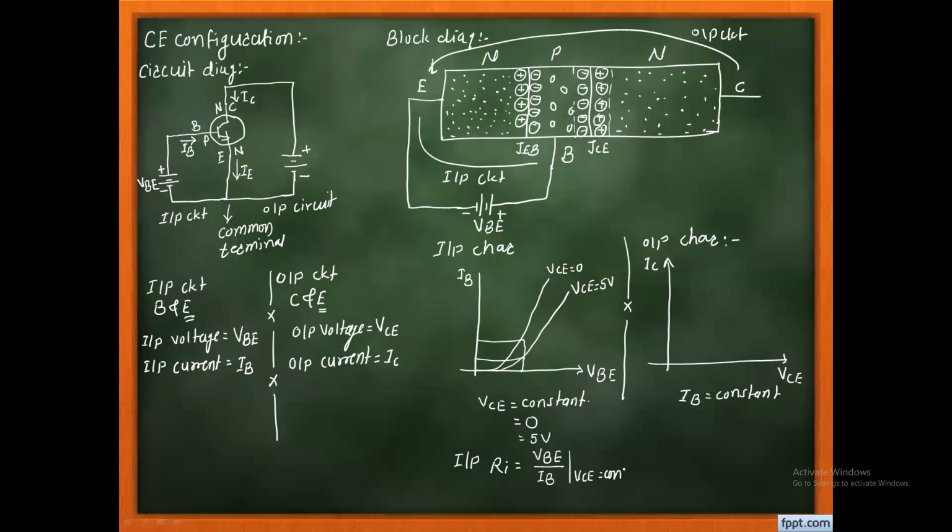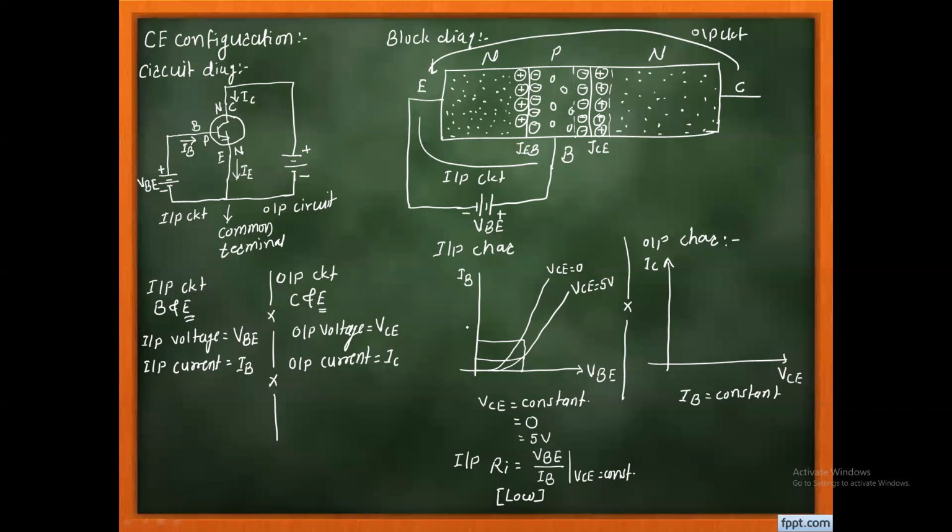In common base configuration we say the input resistance is very low, but in common emitter configuration I use the word low. Get it, my friend? So this is about the input characteristic.